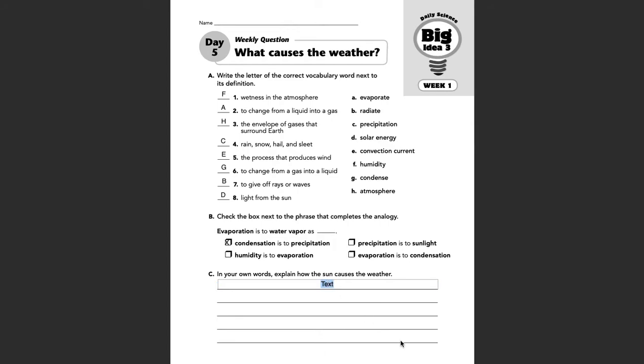So we can start out by talking about how the sun controls weather, because the amount of solar energy determines the amount, well, if it's controlling temperature, it's determining the amount of heat, and the amount of heat we receive controls our temperature.